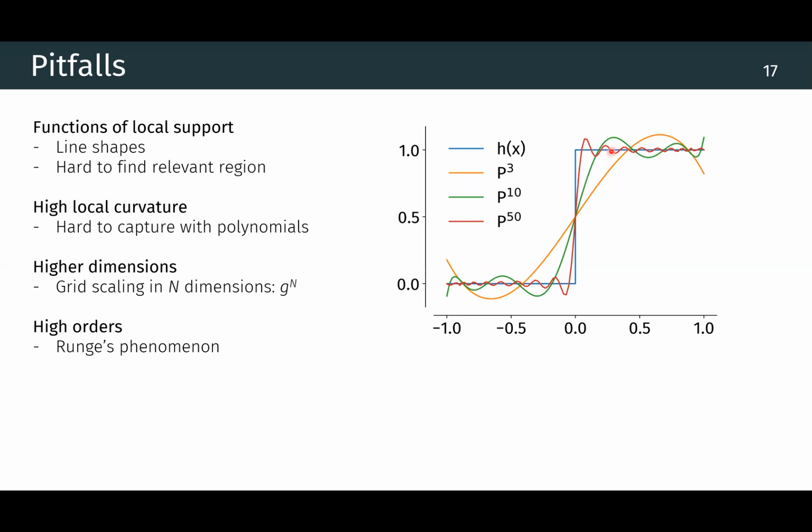The individual functions, if you add more orders, they never really are of the same shape. You get these errors, these oscillations over here. And this means that even if you add more points, integrating this function is not going to work if you use one polynomial for the whole domain. And that's one of the reasons why composite integration schemes, where you use piecewise polynomials, are much more reliable, because then you can choose, for example, this point over here, 0, to be one of those points separating intervals, and suddenly your integration scheme is much more accurate.